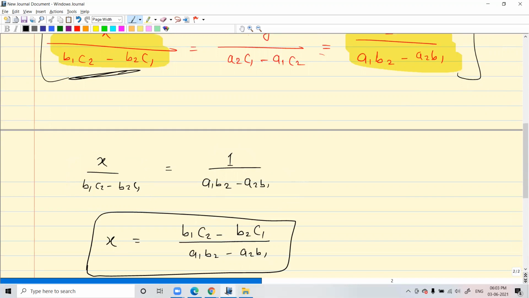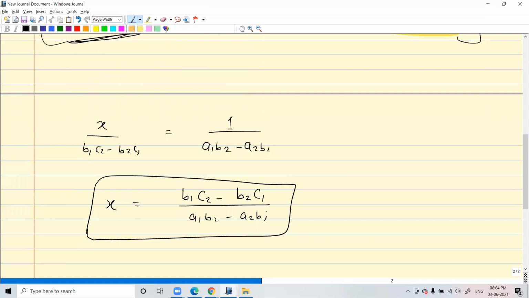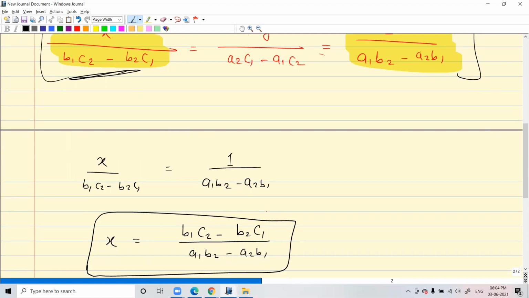I just sent it to the numerator, and then you get the x formula: x = (B1 C2 minus B2 C1) by (A1 B2 minus A2 B1). And remember, you don't have to memorize or mug up this thing. I'll show you how to directly write it from the numbers. Just try to follow the pattern, how to write those numbers at what place. So that was the x formula.